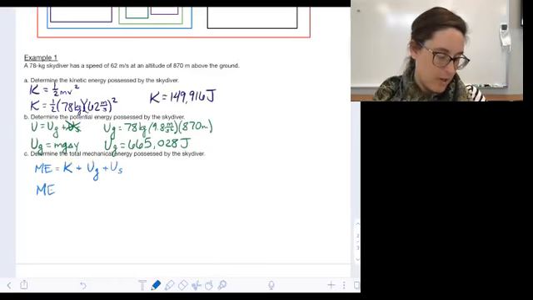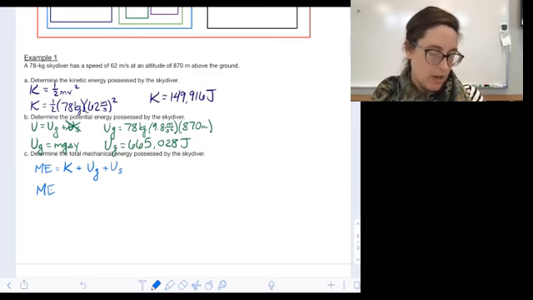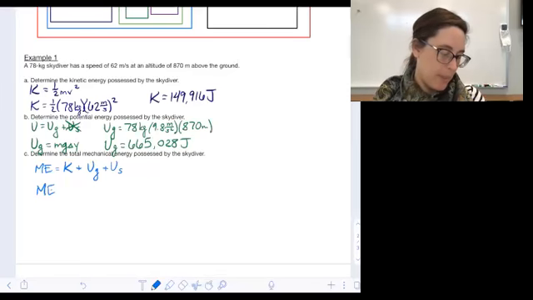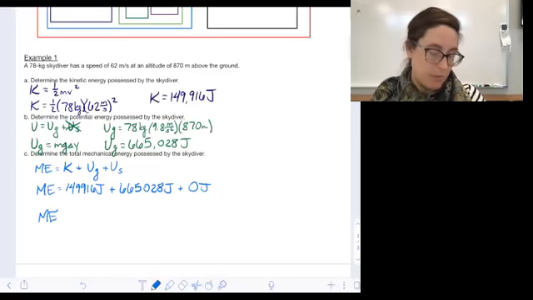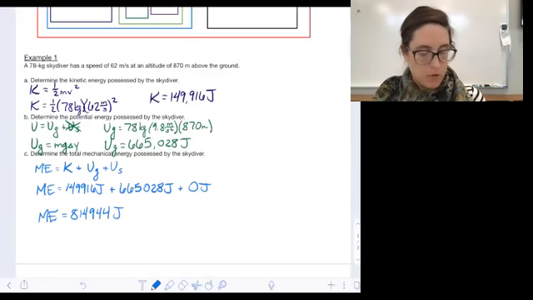So since we have 149,916 joules of kinetic energy, we have 665,028 joules of gravitational energy, and we have 0 joules of spring energy, we can just add those together to figure out how much mechanical energy this skydiver has. And he has 814,944 joules of mechanical energy.